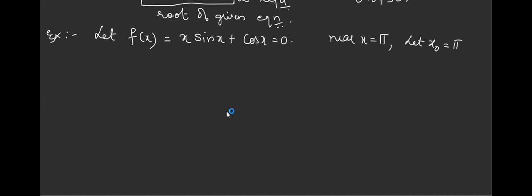What else is required to substitute in the formula? f dash value. Okay, now differentiate it. How can I differentiate x into sin x? Which rule? Product rule. So x as it is, the derivative of sin x is cos x.